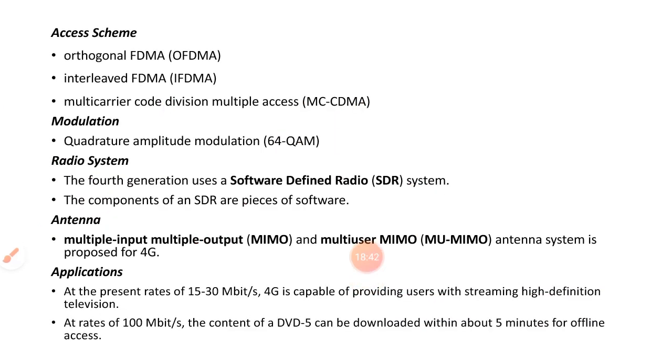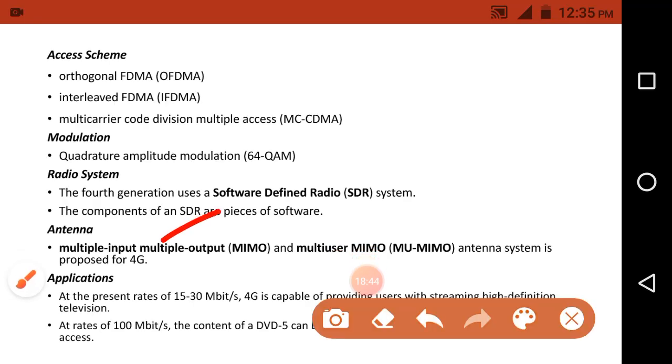So what is the meaning of this? What is the multiple input and multiple output antenna system? Here there is a pair of mobile stations communicating with multiple data streams. Multiple data streams means they are exchanging multiple data signals at a time.